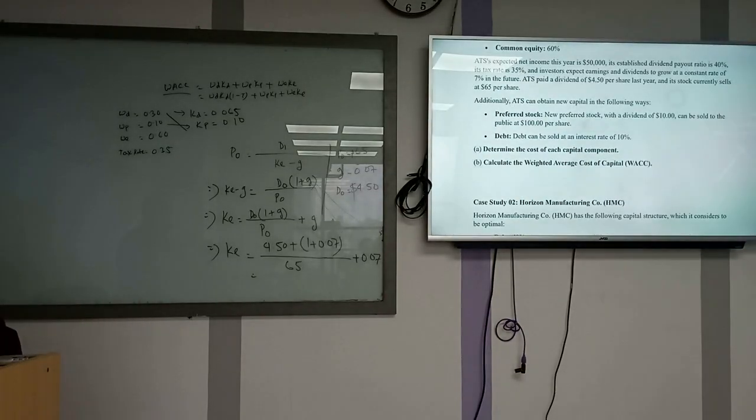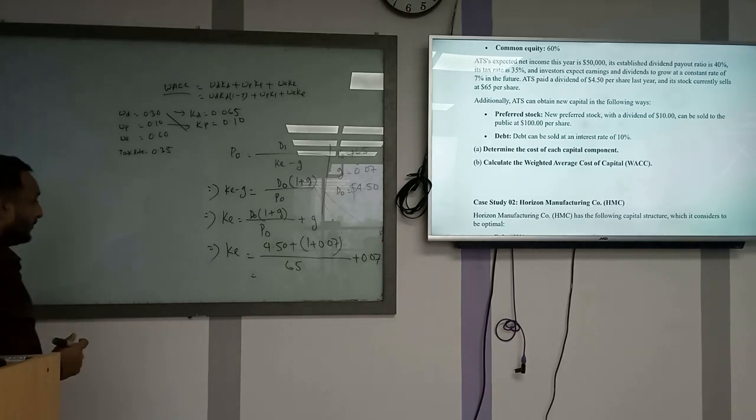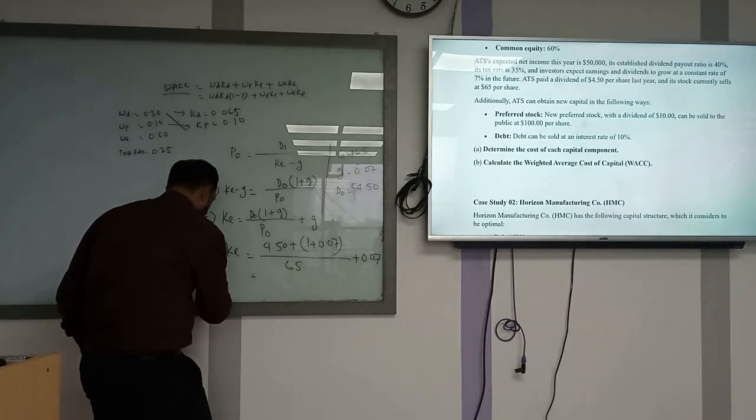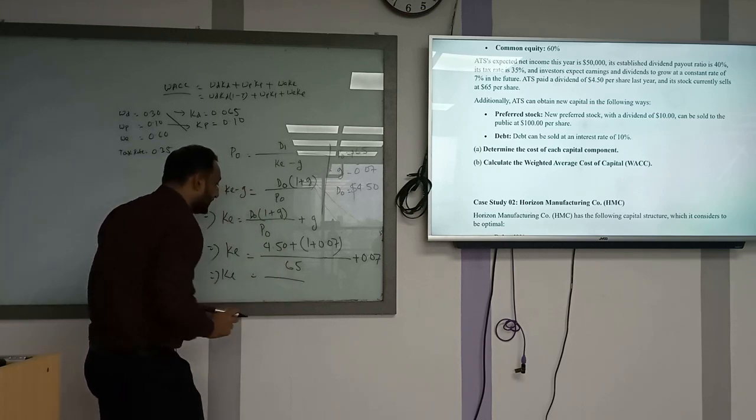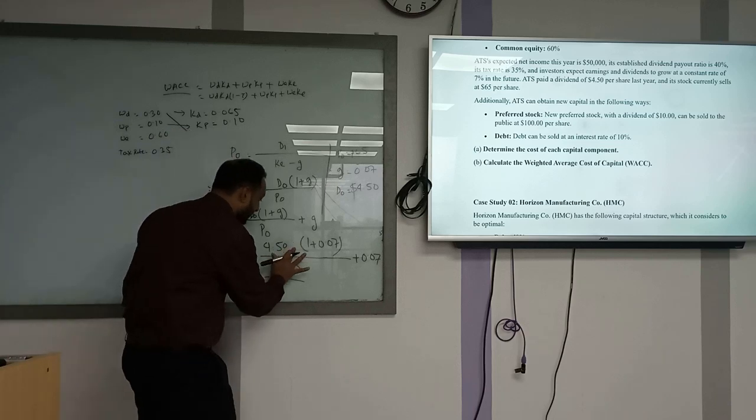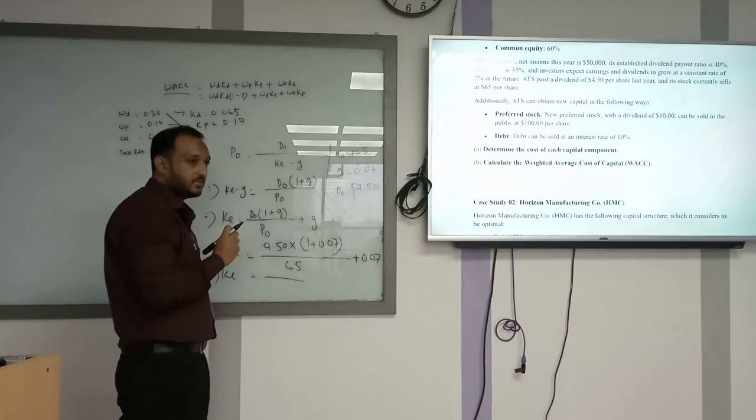So let us find the values gradually. It is multiplication, right?